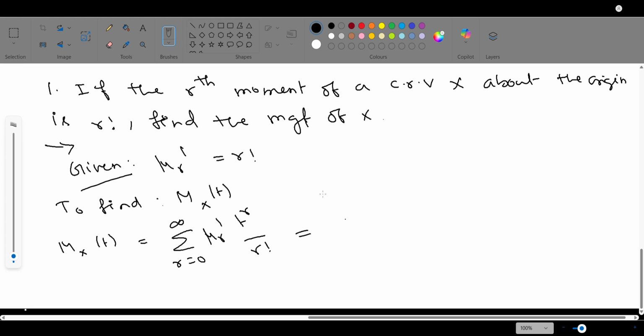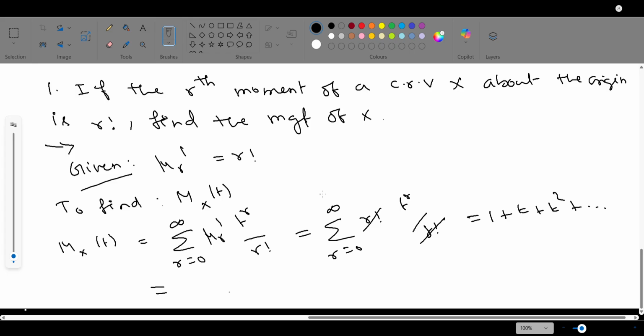So here mu r dash, which is nothing but r factorial, when you substitute in the summation, r factorial into t power r by r factorial, these two things are cancelled. When you expand the summation, it comes as t power 0, which is 1, plus t, plus t squared, plus etc. This is nothing but the binomial expansion.